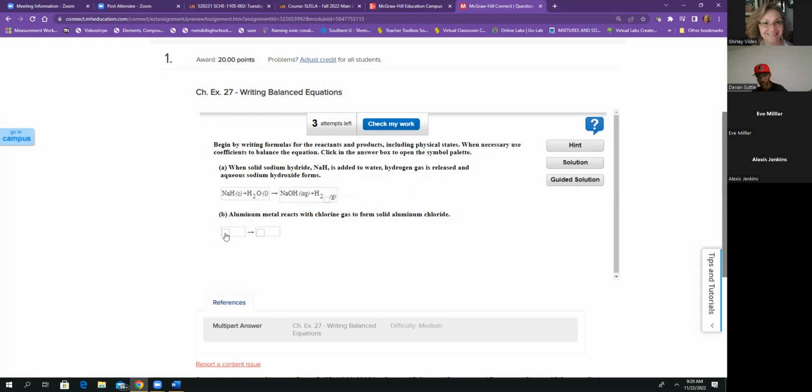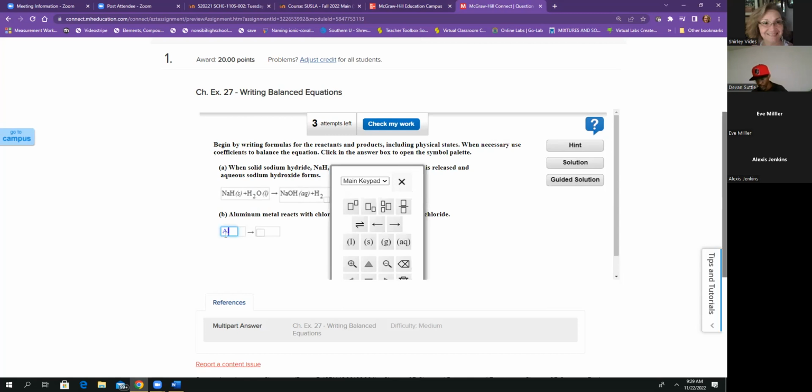All right, now this one says aluminum metal, so Al, and that's going to be solid, plus chlorine gas, right? So Cl2, because this is chlorine, and chlorine is diatomic. And then go back up and put G for gas, right? Yields aluminum chloride. It says AlCl3.